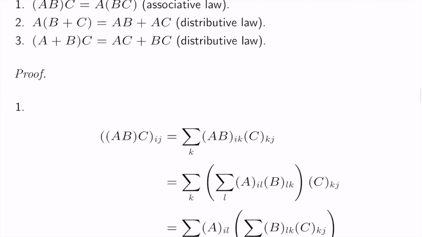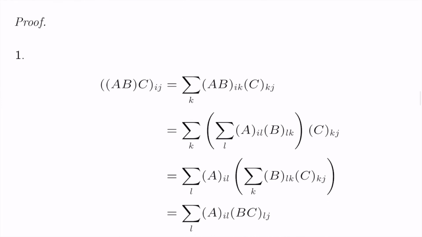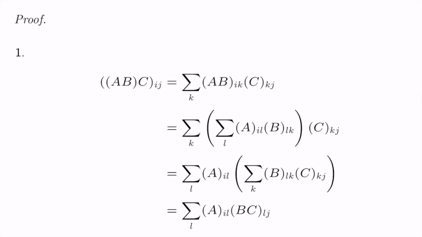Now let's prove them. First, the associativity of matrix multiplication. The ij element of (AB)C is this, according to the definition of the matrix product. AB is one matrix and C is another matrix.